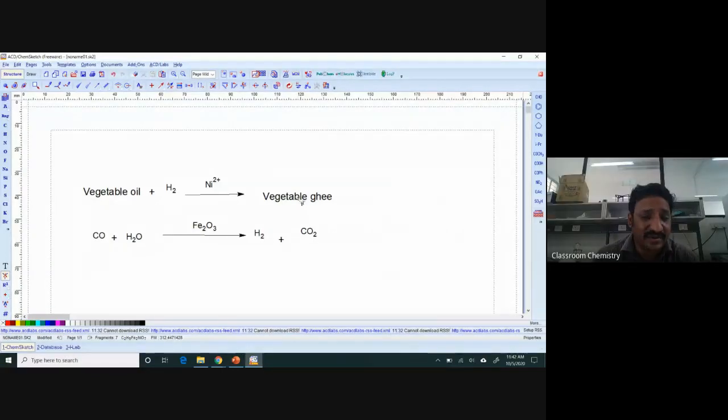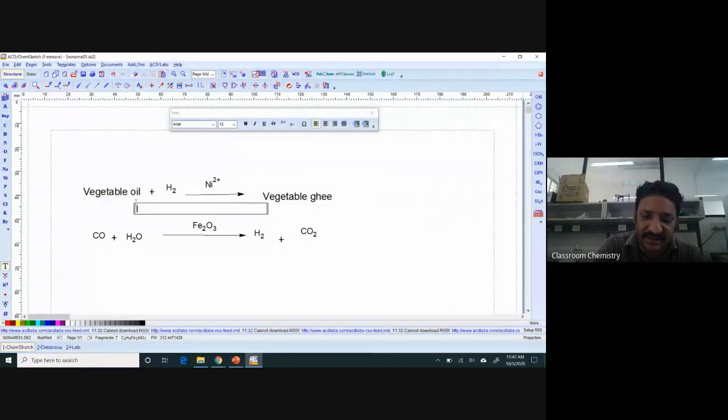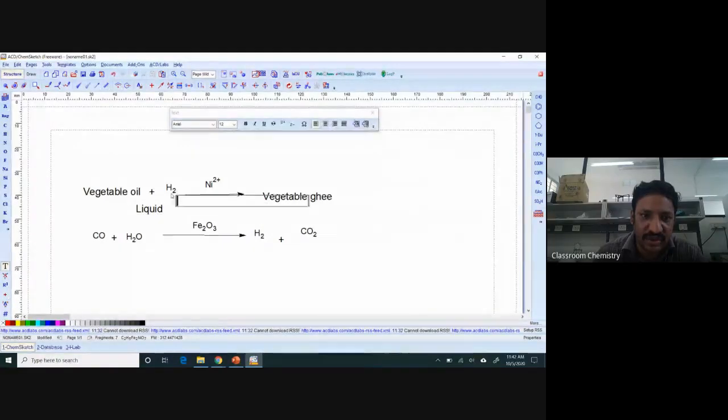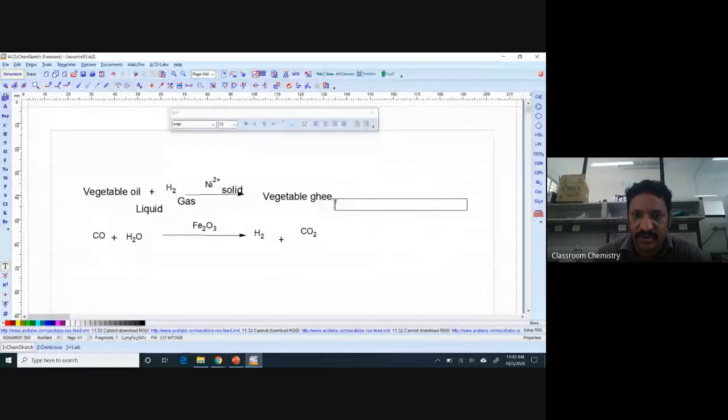Which one? So here liquid. Heterogeneous. Here liquid. Here is what? H2 is in the gas. Okay. Here this nickel is in solid. And whatever vegetable ghee, all of you know that vegetable ghee is in the form of solid.